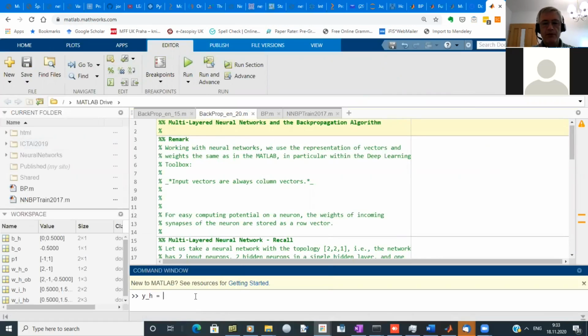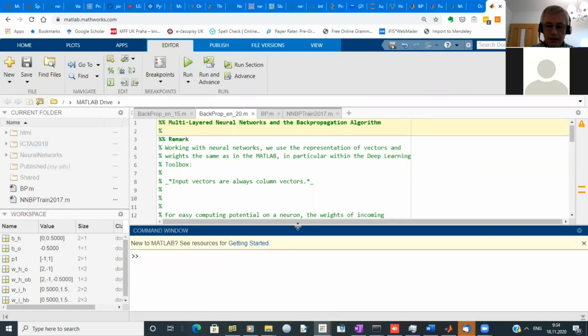And you should compute output on hidden neuron. So if we compute the potential on the first hidden neuron, for computing we will need the input pattern P1 and weights between input and hidden layer.